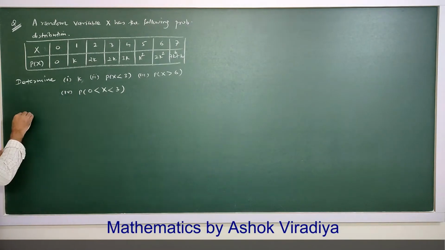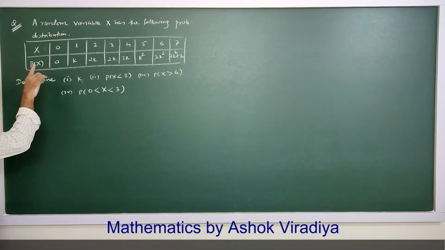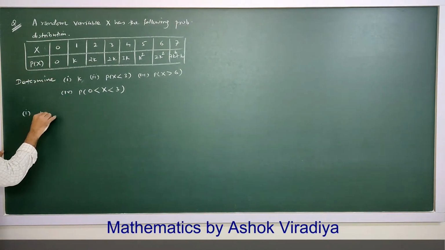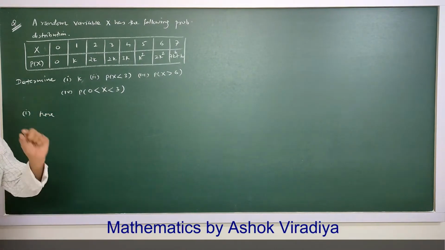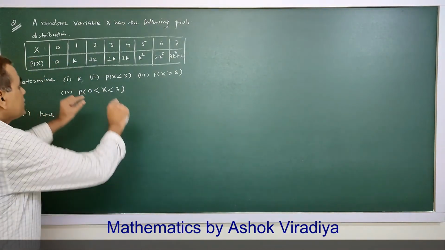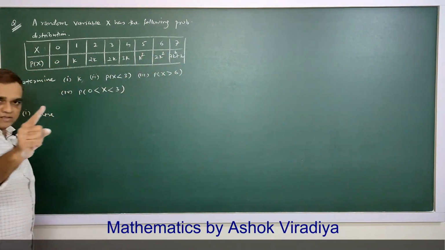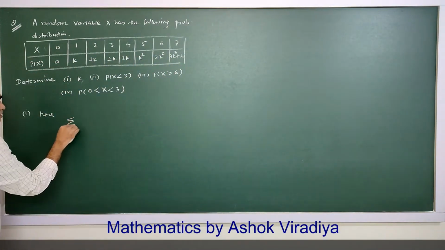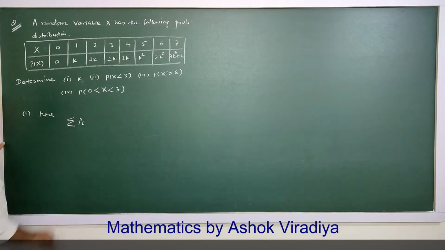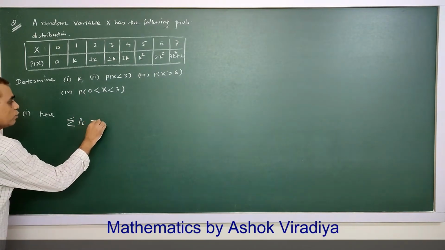Now see, this is a probability distribution. If it is a probability distribution, the sum of these probabilities, sigma of Pi, must be 1.